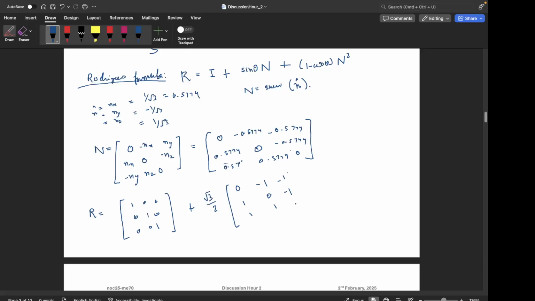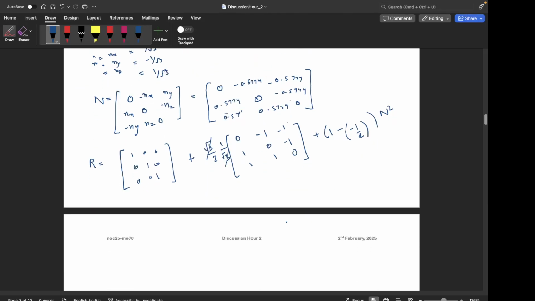This is 1 1 1, and this is 0, right? This is the n matrix, and I have again written 1 by root 3 outside only so that I can just cancel this out, right? And plus 1 minus cos theta, that is 1 minus, and cos 120 is minus half, so 1 minus minus half, right? And then n square, the same matrix squared, right?